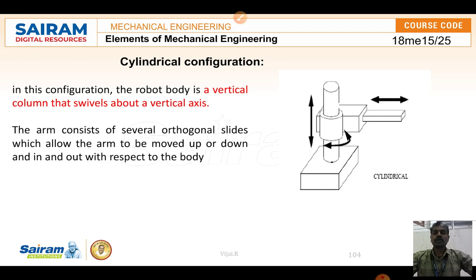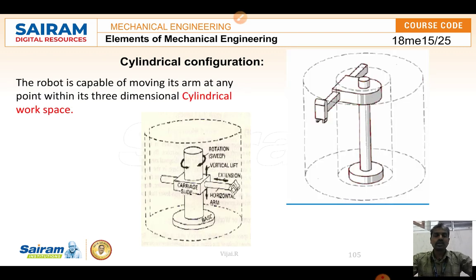It has two linear movements and one rotational movement, moving up and down along the vertical column and rotating about its vertical axis, so it creates a cylindrical workspace. When it creates a cylindrical workspace, we call it a cylindrical configuration robot.